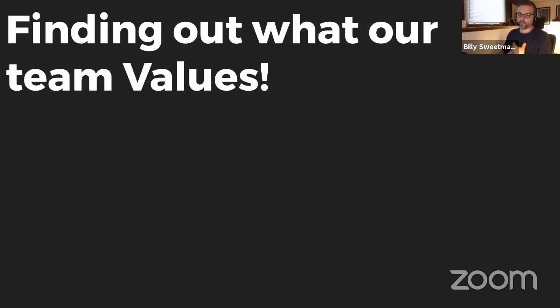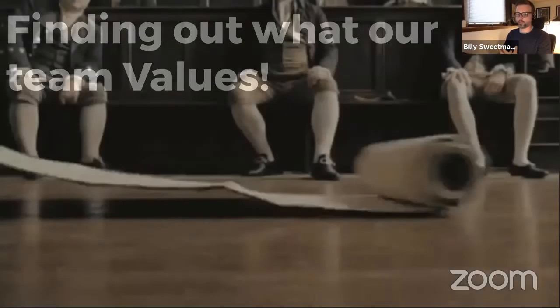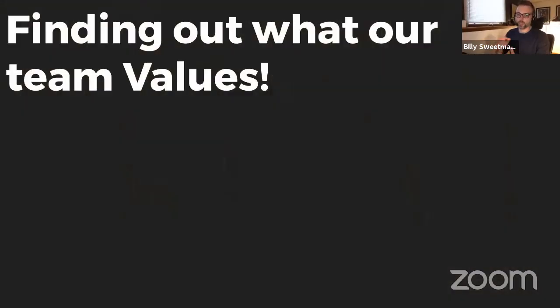So, finding out what our team values. One of the first things we can do is find out what's really important to our team. A good exercise to do is gather the stakeholders from around the team and from different departments, gathering sales, development, marketing, and design, and working through what everyone thinks are the most important elements to start to build in a reusable way, and things that can be left a little bit open or a little bit less structured.